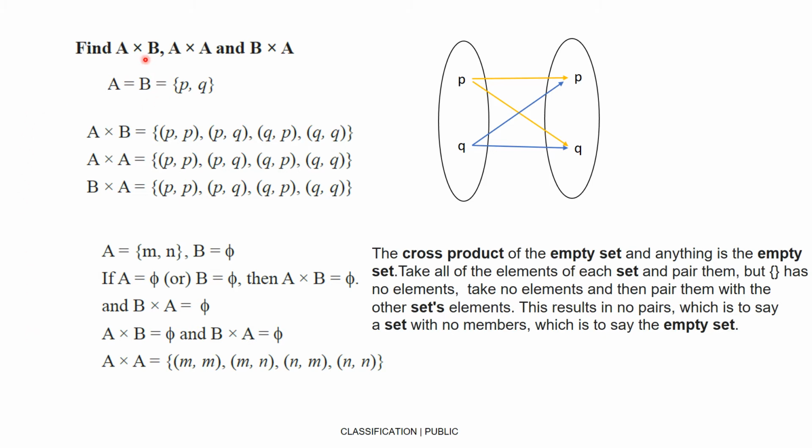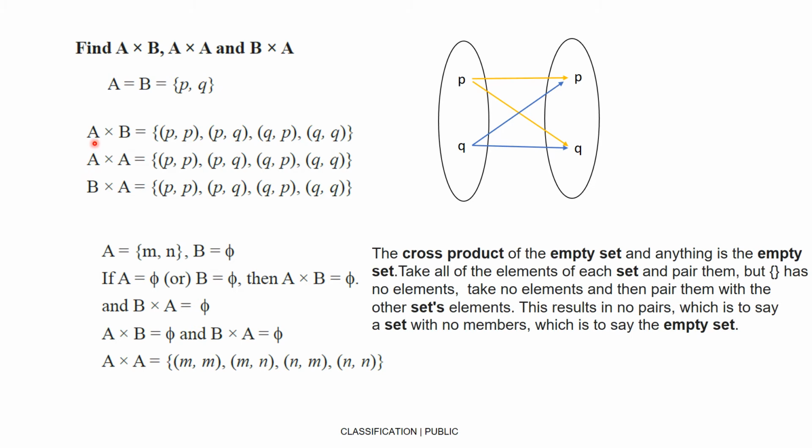So next one, find A cross B, A cross A and B cross A. In the given data, you see A equals B equals {P, Q}. That means A is also {P, Q} and B is also {P, Q}. So guess it, what will be the answer? Guess and think.